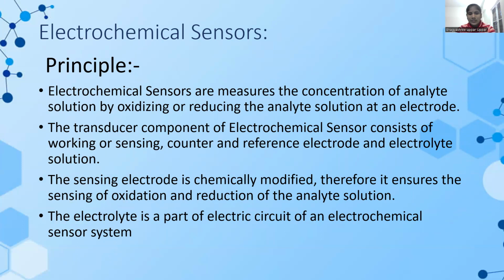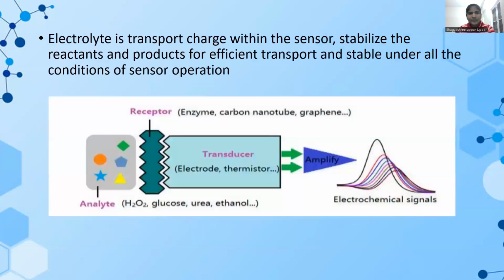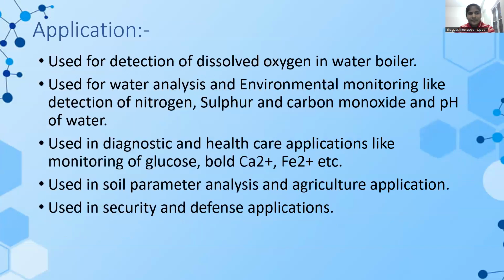The sensing electrode is chemically modified, therefore it ensures the sensing of oxidation and reduction of the analyte solution. The electrolyte is a part of the electric circuit of an electrochemical sensor system. The electrolyte transports charge within the sensor, stabilizes the reactants and products for efficient transport, and is stable under all the conditions of sensor operation.